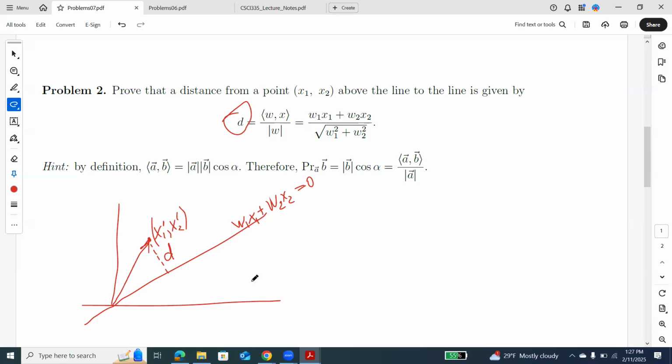How to calculate the distance from any point on this plane to our separator.